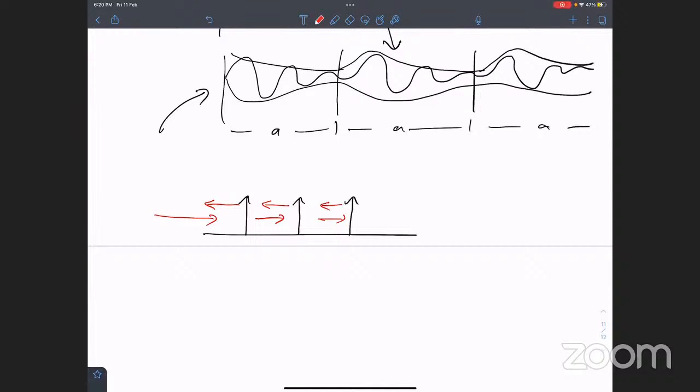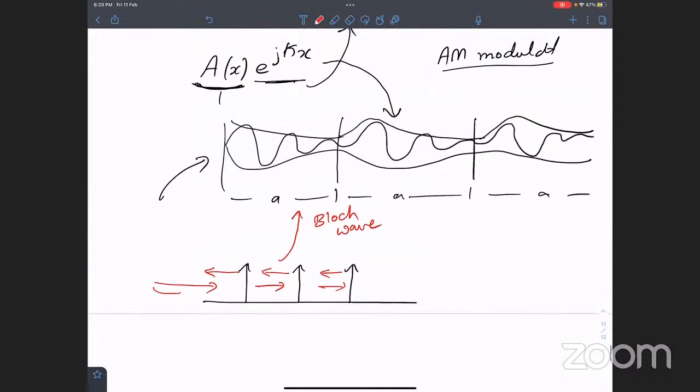When all those reflections get added up, your input plane wave actually becomes a Bloch wave. So a Bloch wave is actually a result of multiple transmissions and reflections, all interfering with each other. That is all there is to a Bloch wave.